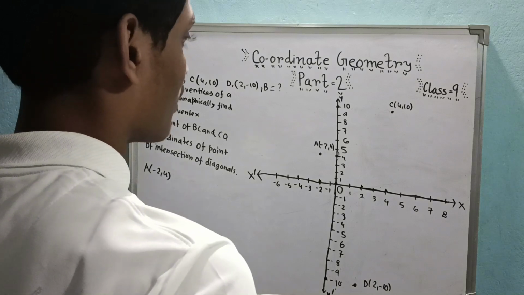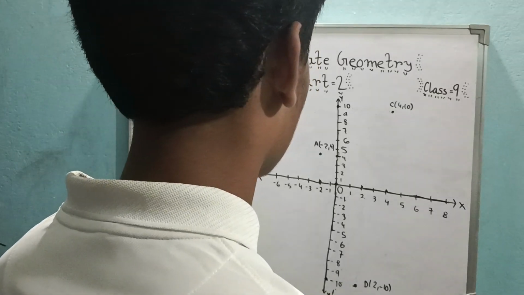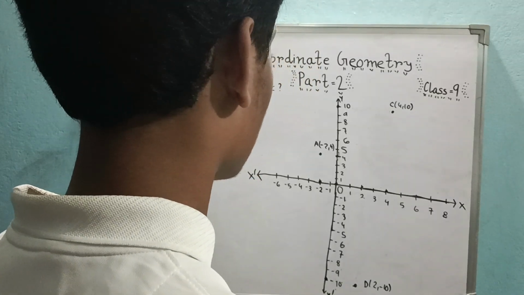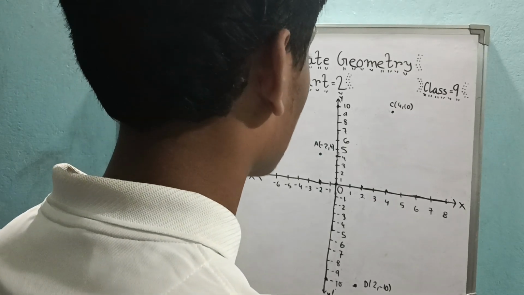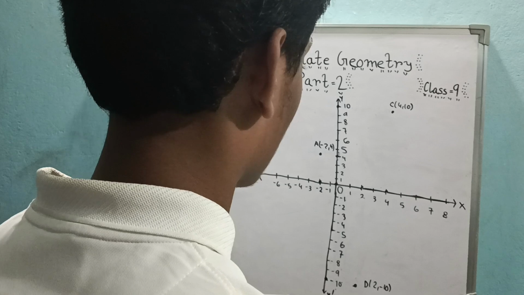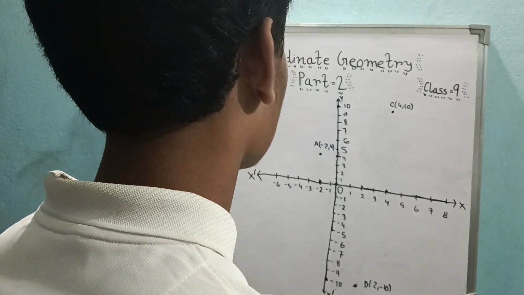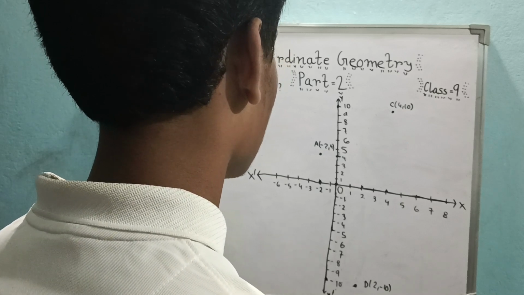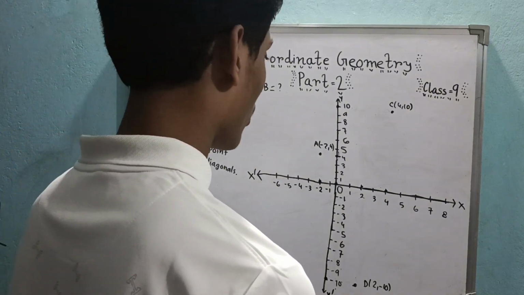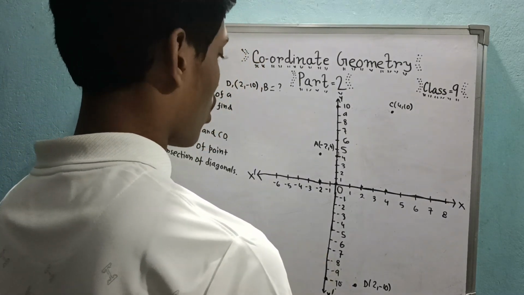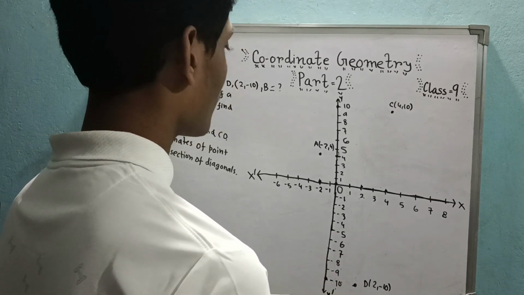Let's see. It might be a square. Who knows? A square has all sides and dimensions equal, right? So AC should be equal to CD as well. So what is the AC distance here? Or maybe it's equal, since it's given in the question, it can't be wrong. 4 comma 10, 2 comma minus 10, minus 2 comma 4.